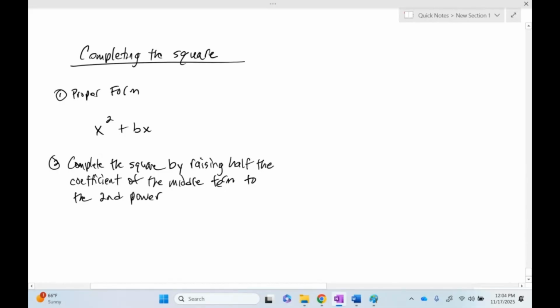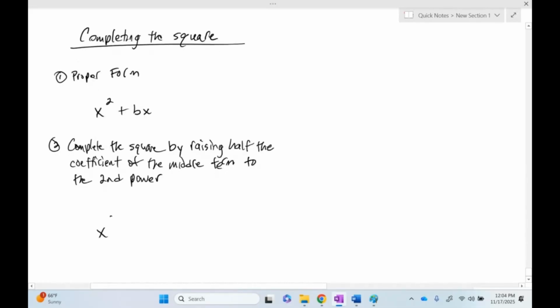You're really squaring it. So here's what that looks like. You take the coefficient of your middle term, cut it in half, and then square it. You don't take the x. We only take the coefficient, or the number part, of x. We cut it in half and then we square it. That's called completing the square.